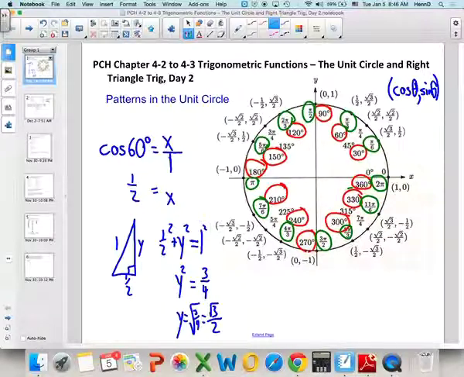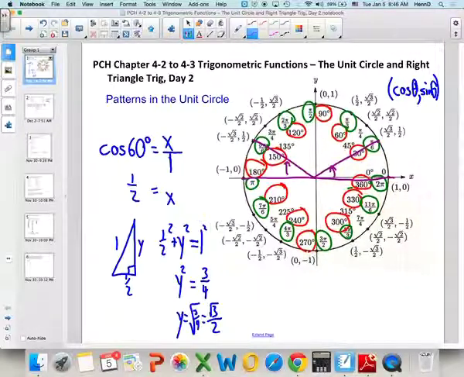And actually, this relates back to what we call reference angles, and we'll touch on this more later. A reference angle is the angle, if you pick a point on the unit circle, that we form with the x-axis, okay?